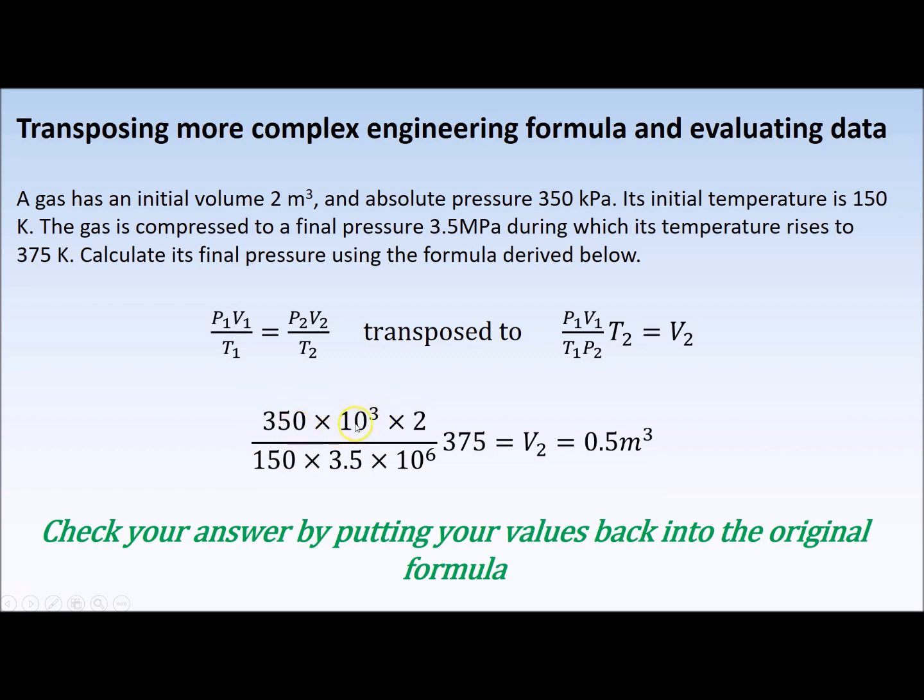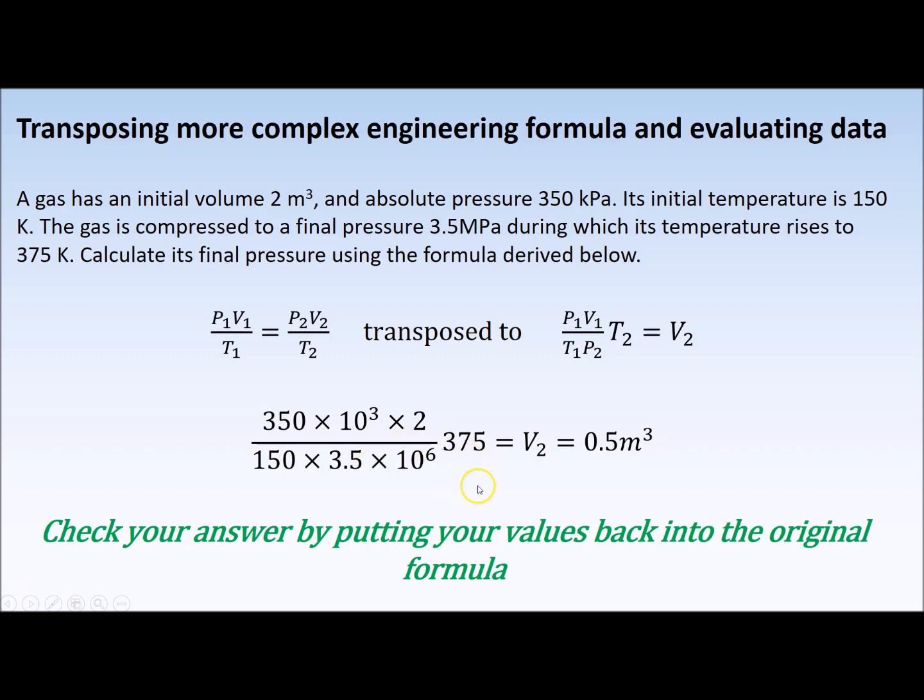So 350 times 10 to the power of 3 times 2. That's our top line. On the bottom line we've got T1, which is 150 Kelvin, times 3.5 megapascals, so that's times 10 to the power of 6. Engineering notation again eliminates the need to write loads and loads of zeros, and that's all going to be times 375 Kelvin.